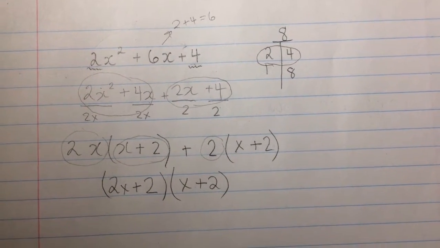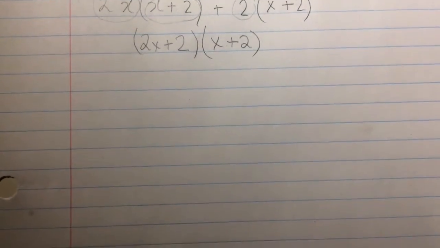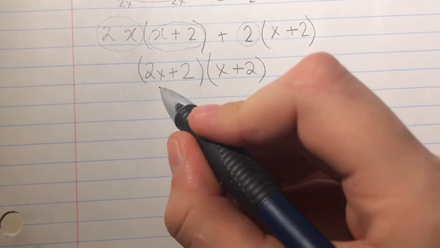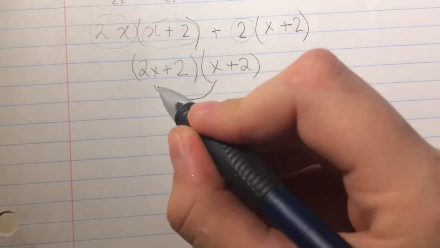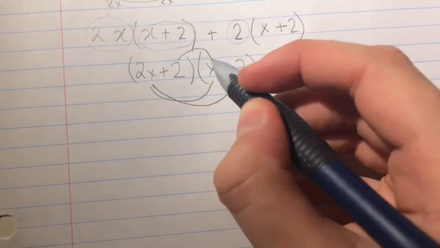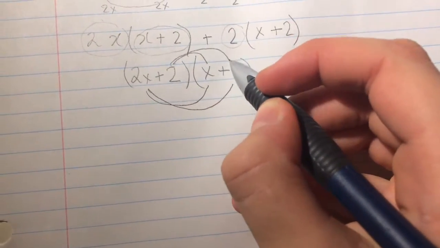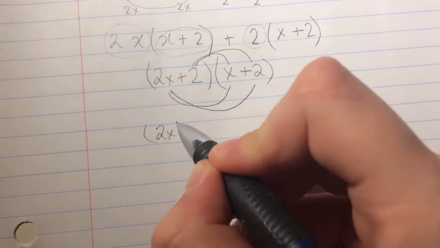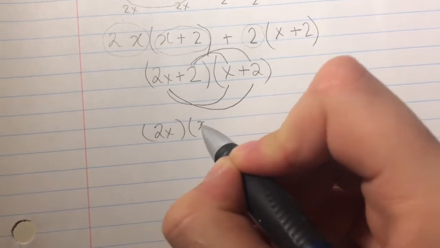And now to verify that we have the right equation, we would expand. So we would do 2x times x plus 2x times 2 plus 2 times x plus 2 times 2. Now let's just write it out so that it's easier to visually solve the equation.